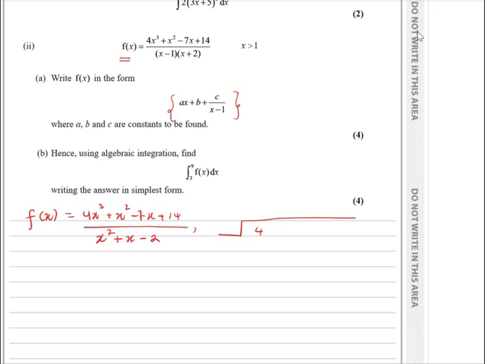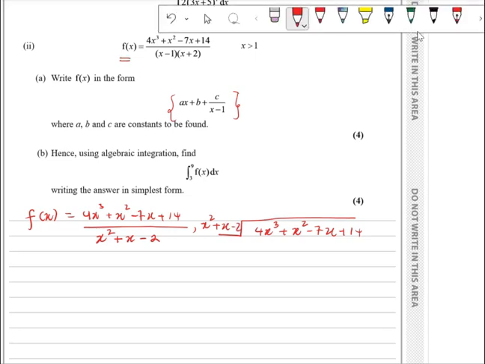So we have 4x cubed plus x squared minus 7x plus 14 divided by x squared plus x minus 2. For the long division, what we do here, we have x to the power of 3, and this is x to the power of 2.